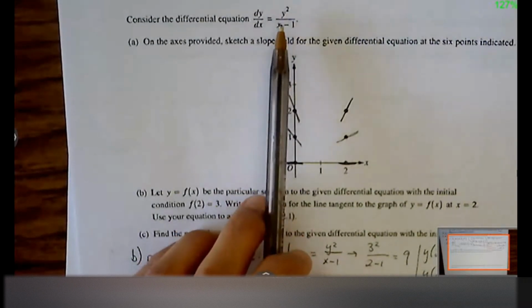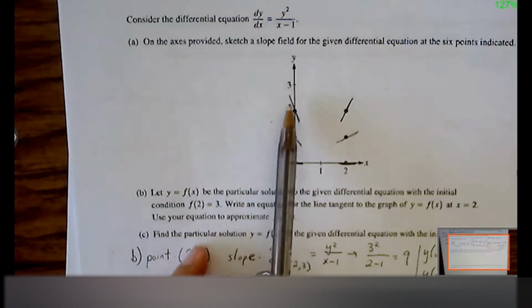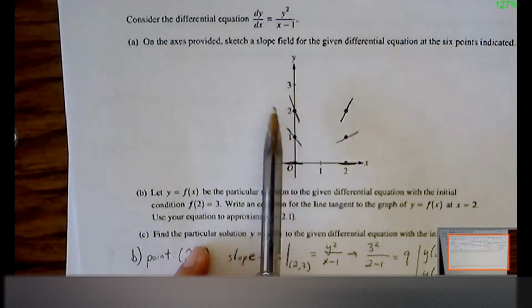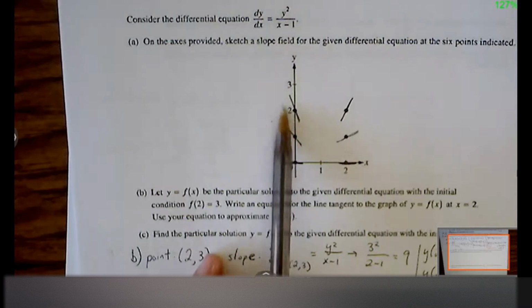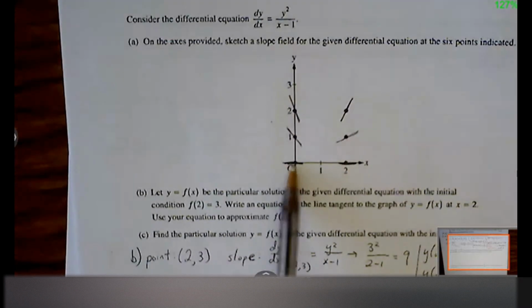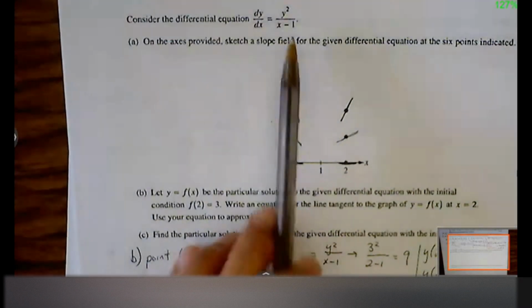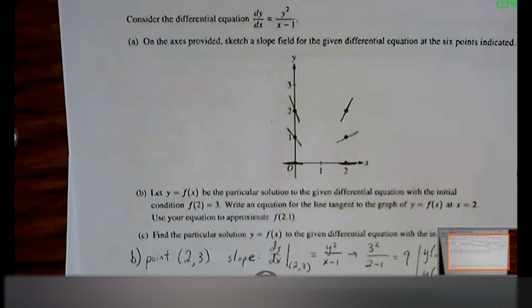So something like this, where I give you a bunch of indicated points, and you take those ordered pairs, dump them into the derivative, you get a number in return, and you interpret that number to be a slope segment. If it's positive, you draw a positive slope. If there's a negative number, you create a negative slope segment. If it's 0, you create a horizontal line. If it's undefined, then you leave it blank.